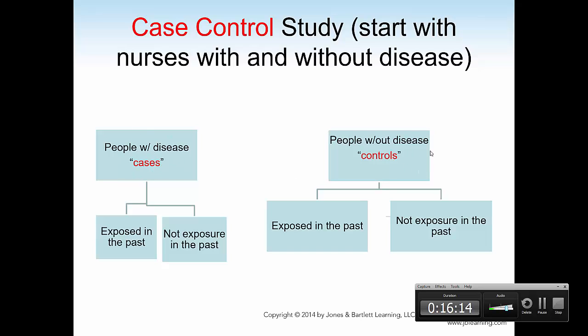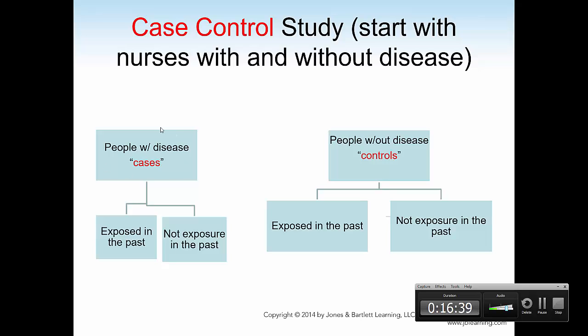People without disease are called the control. If you look at the people with disease, the cases, were they exposed or not exposed? People without disease, so they're healthy, but were they still exposed or not exposed? So again, you can compare certain groups.